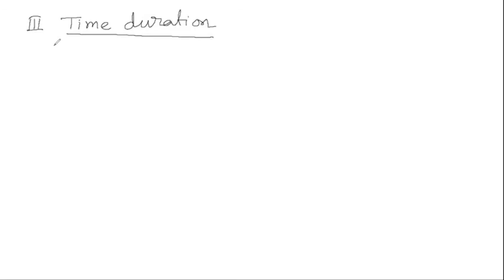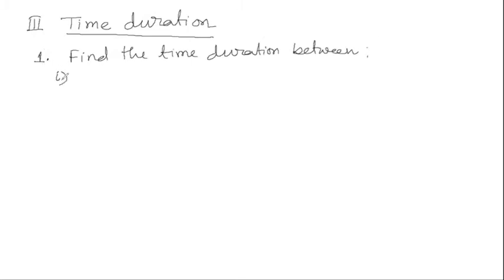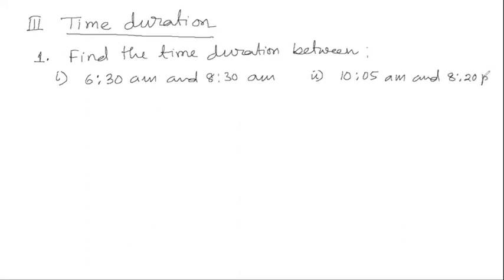First example: find the time duration between 6:30 a.m. and 8:30 a.m. Second example: 10:05 a.m. and 8:20 p.m.